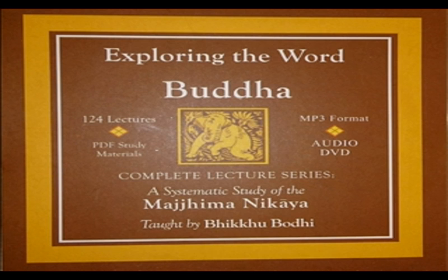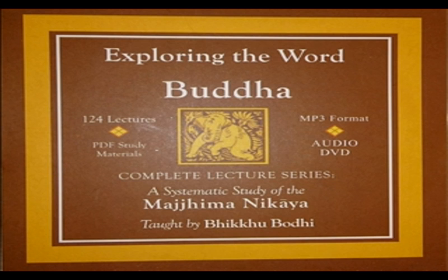Okay, and what are the five aggregates? It's actually the five aggregates of clinging, the five aggregates that are acquired through clinging. Okay, so what are these five aggregates? My memory is a little rusty today. I have to get them in the exact order.